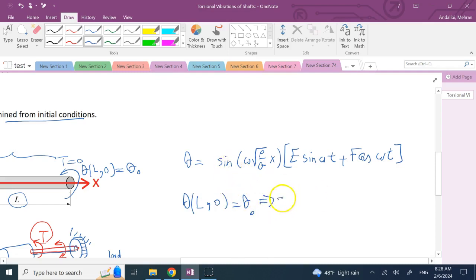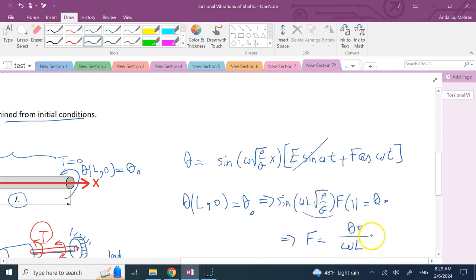That gives you sine of omega L square root rho over G, which is just a constant, and plug in t of 0 here, this term will go away, times F times 1. This thing equals theta naught. And from here you can find F. F is theta naught over this guy here, and you can take the reciprocal of it. So that is your F, and then you need another condition.